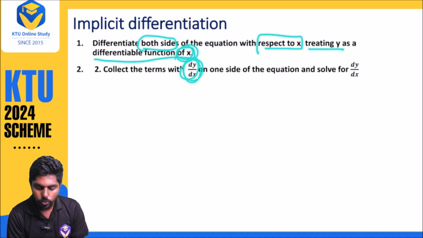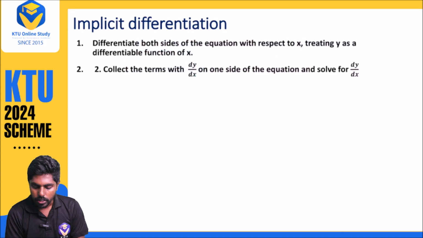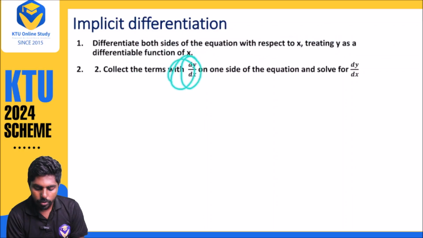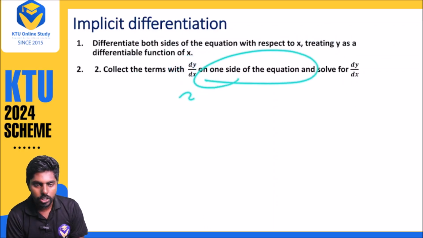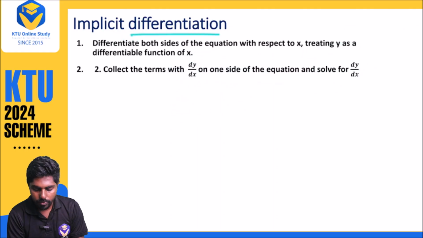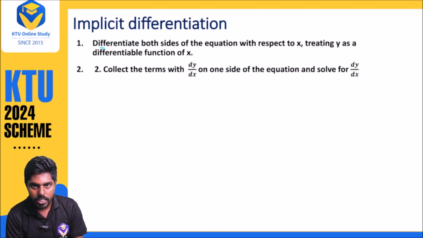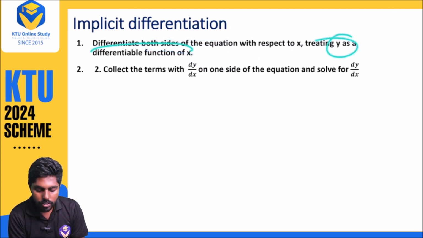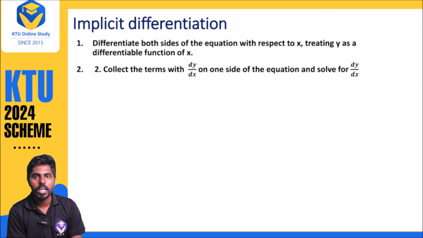The second condition is you want to collect dy by dx on one side of the equation, then solve it. So the conditions for implicit differentiation are: differentiate both sides, even the y side, consider y as a differentiable function of x, and collect dy by dx on one side, then solve the equation and you will get the answer. When we go to the problem, you will understand. So this is the procedure of this sum.